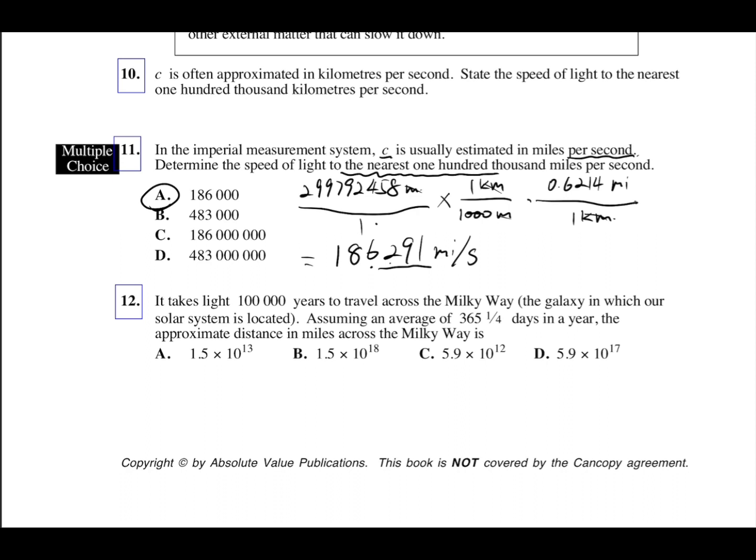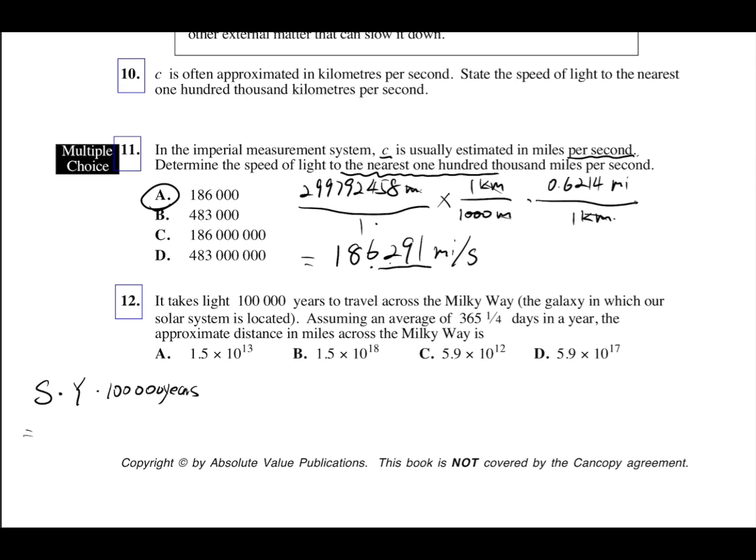And for 12, assume an average of 365 and a quarter days in a year, and find the approximate distance in miles across the Milky Way. So we use the speed times a year, and then times 100,000 years, and then we can get the answer.